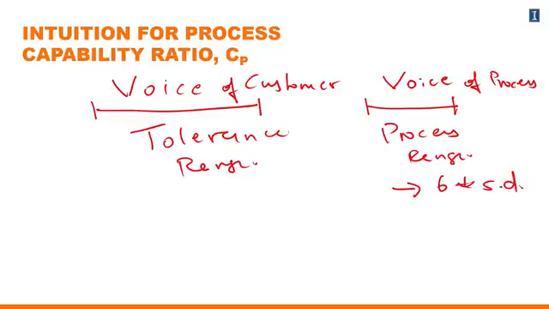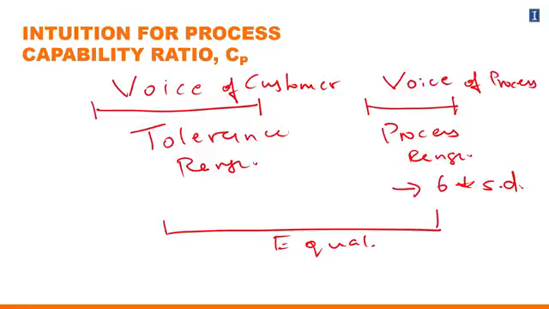So when we're saying that we want this ratio to be 1 or greater than 1, a ratio of 1 would mean that the voice of the process and the voice of the customer are equal. If these are equal, that's a ratio of 1.